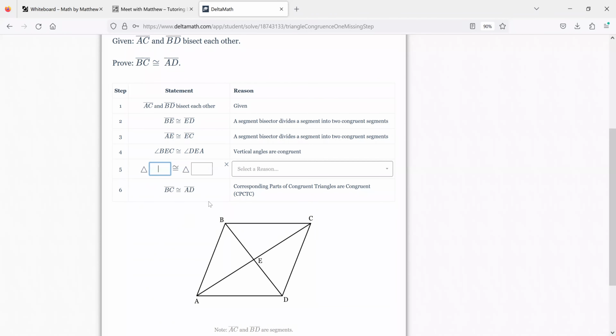Okay, so we want to say that triangle BEC is congruent to triangle DEA. And that's by side angle side, because we've got the sides and the angle between them.